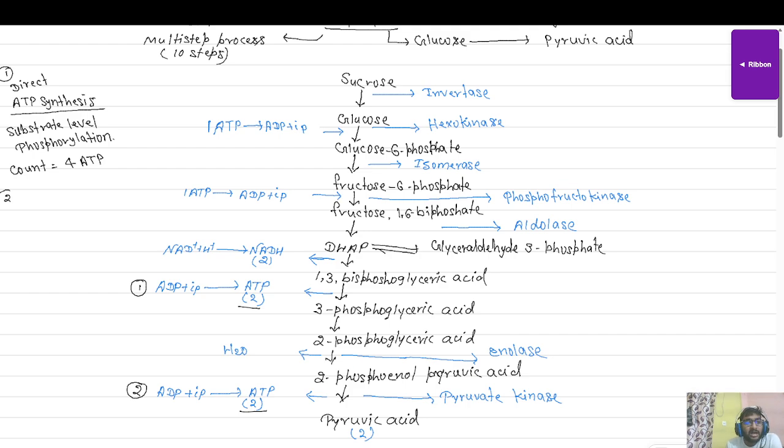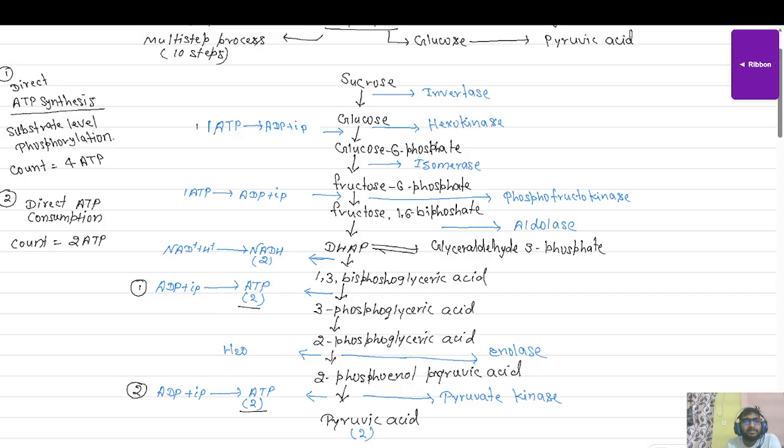Second point: how many direct ATP are consumed? Direct ATP consumption will be only 2 ATP. Why 2 ATP?